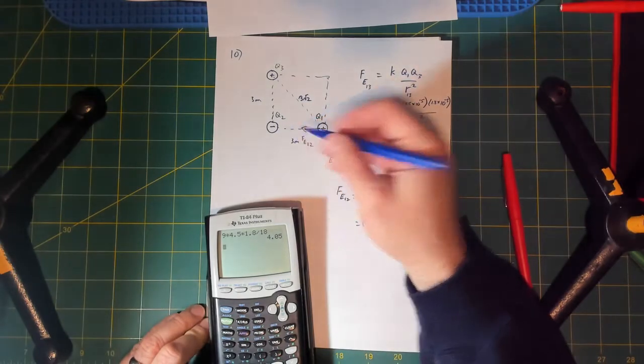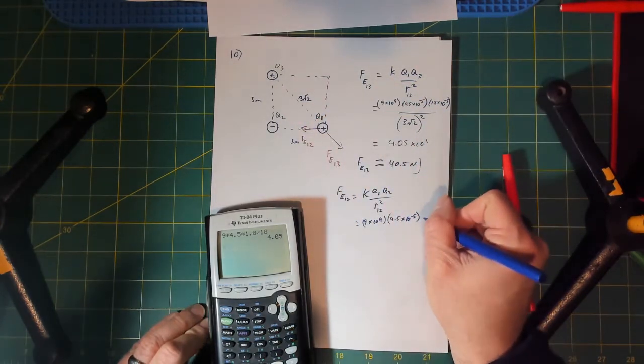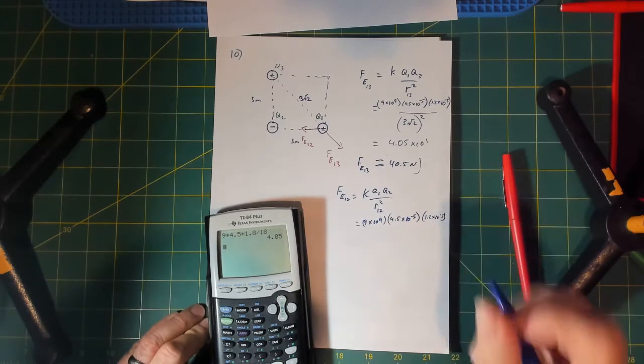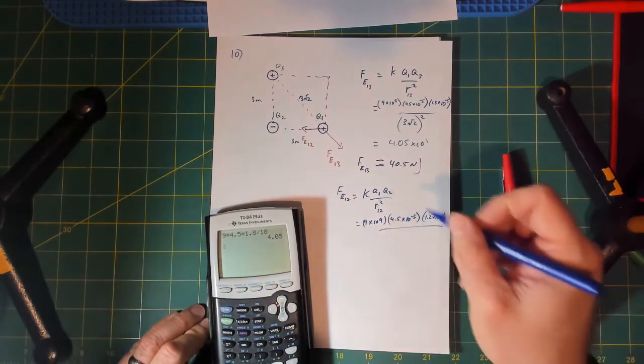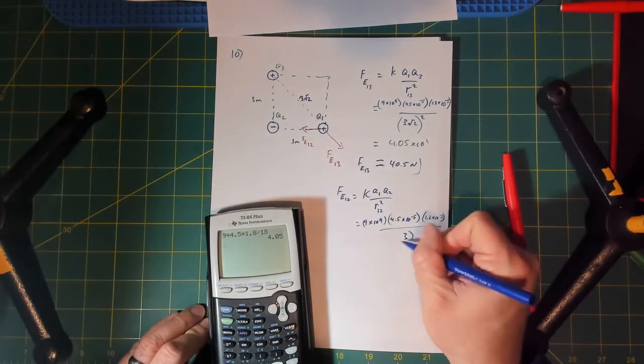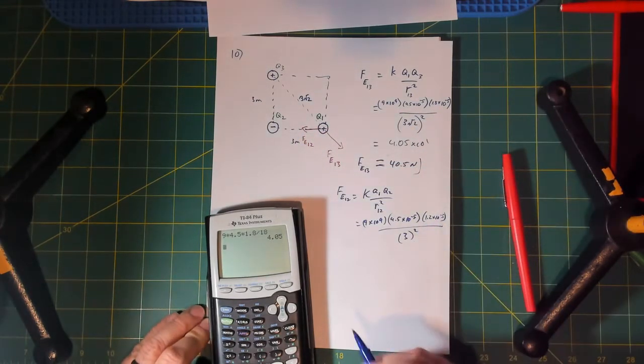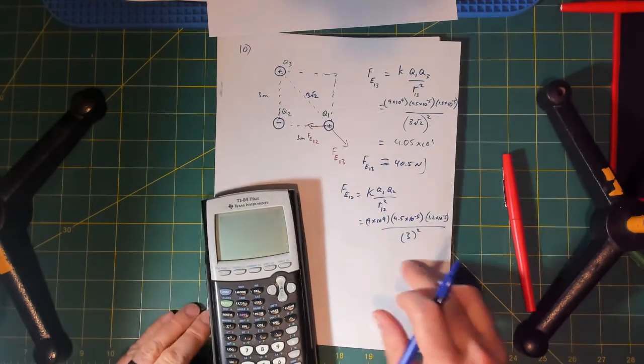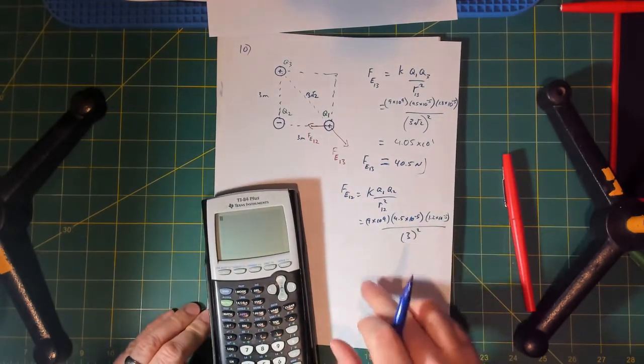Q2, that's this guy. That was 1.2 times 10 to the negative 5. The distance between 1 and 2, that's just 3 meters. All right. Doing this one in my calculator. Again, I'm going to do all the coefficients.